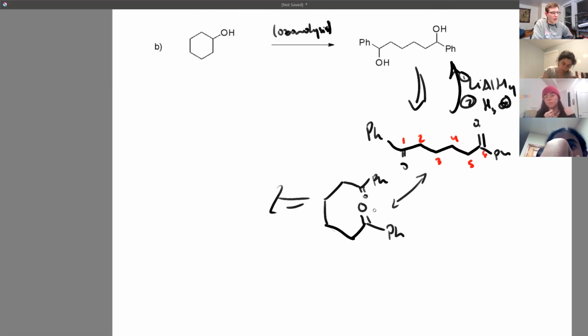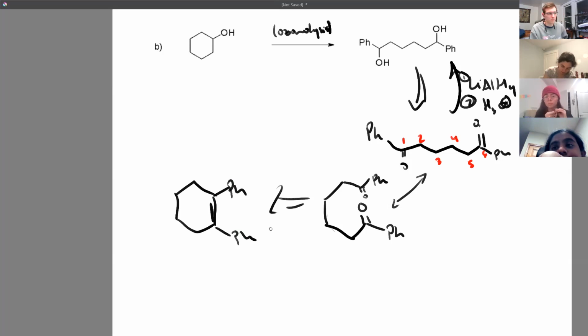However you want to think about ozonolysis is what you should follow, but I like to think about it as taking a structure like this with a double bond, and then just splitting it and replacing each side with an oxygen. That's how I like to think about it, but you do you.